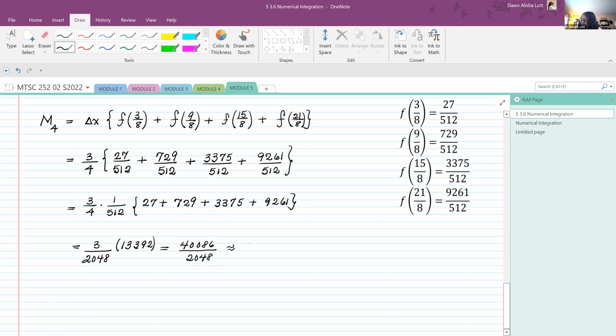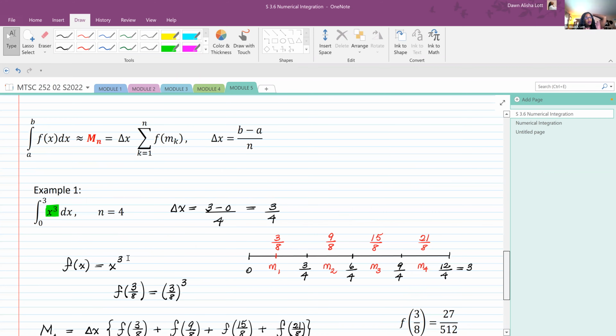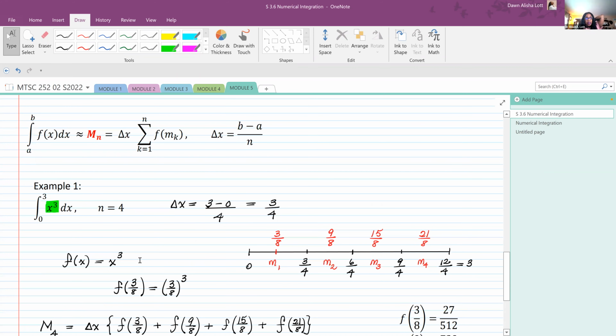And this is approximately 19.617. Okay, so that is my approximation to the area under the curve, or the integral from 0 to 3 of x cubed dx. That's my approximation using the midpoint rule.